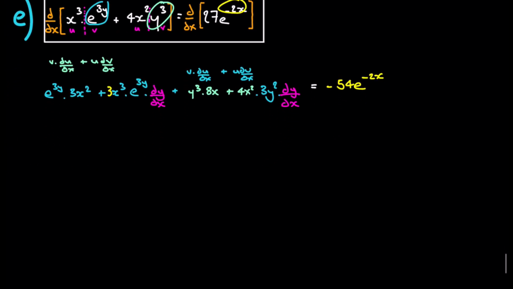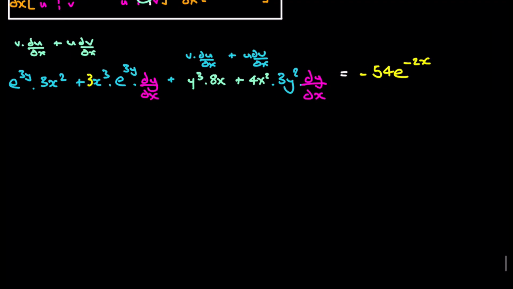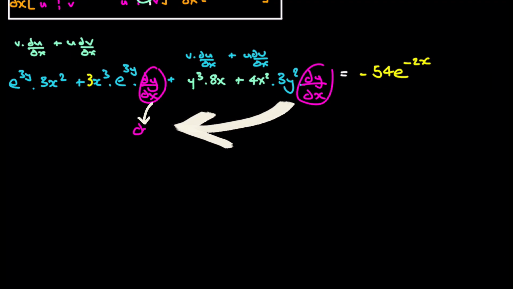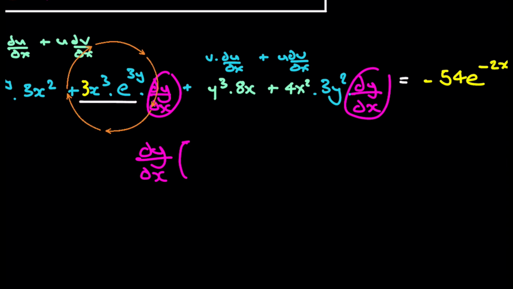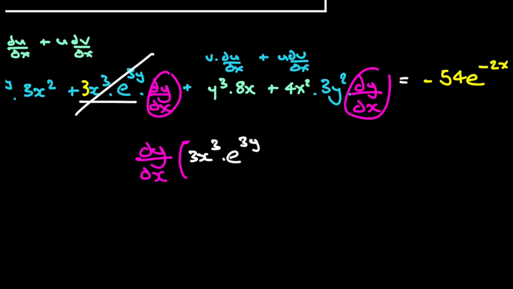Now let's factorize out these dy's. So I'm going to take out this dy out of both of these expressions and put dy by dx here. Then I'm just going to put open brackets, and inside that then I'll have this first of all. So we've got 3x cubed e to the 3y. So I'm just going to cross it off so you can see that I've dealt with it.